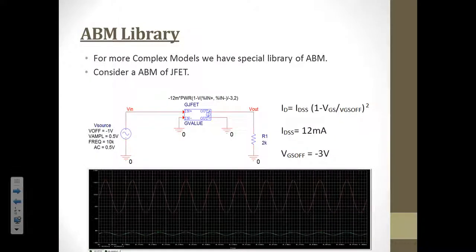We can also model the JFET amplifier, and we know that the equation of JFET amplifier drain current is given by this equation. Now the maximum possible drain to source current is 12 milliampere, VGS off is minus 3 volts, so you can put these values in this equation and the final equation will become like this.